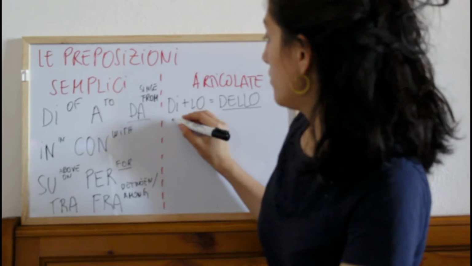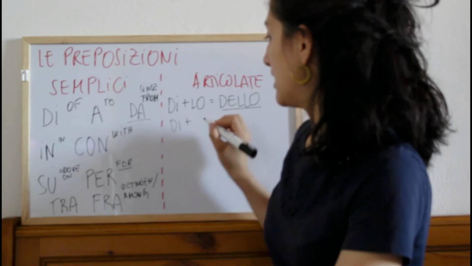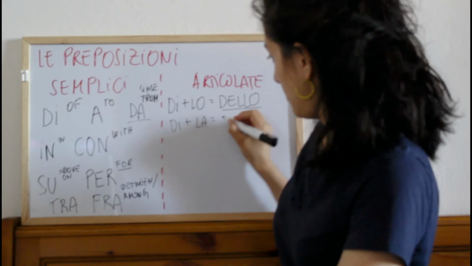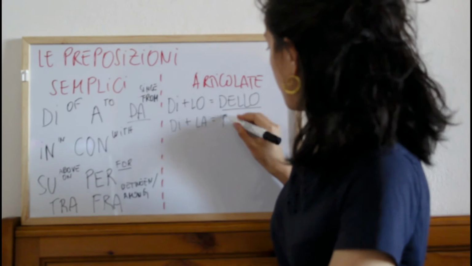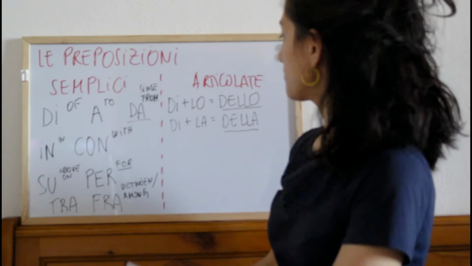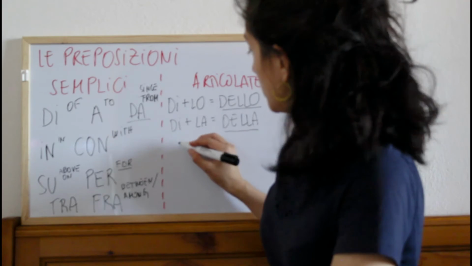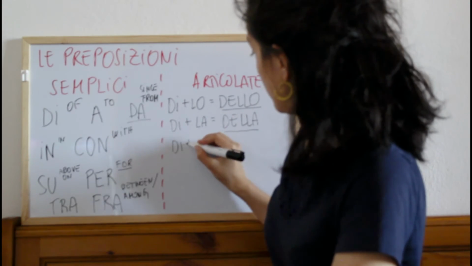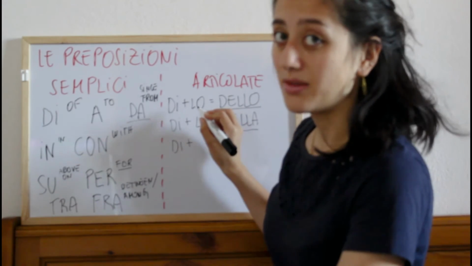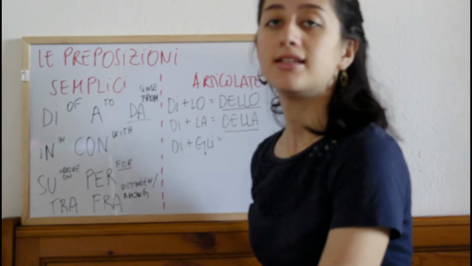Then, if you put di plus la, it becomes della. If you use di plus gli, the plural of lo, then it becomes degli.